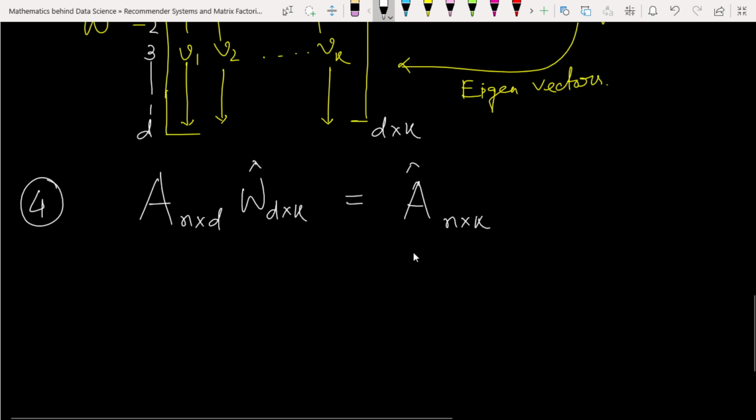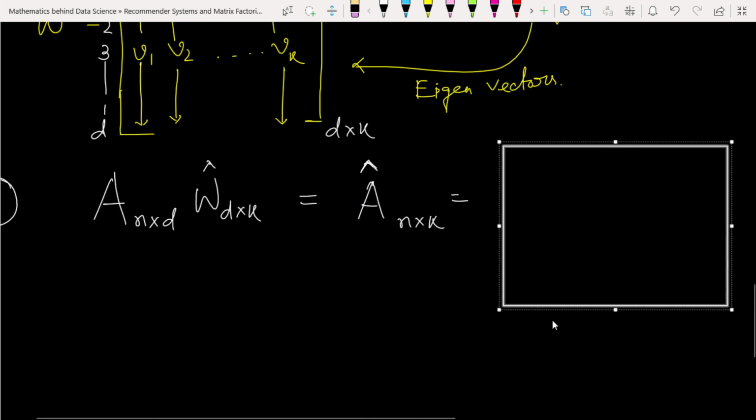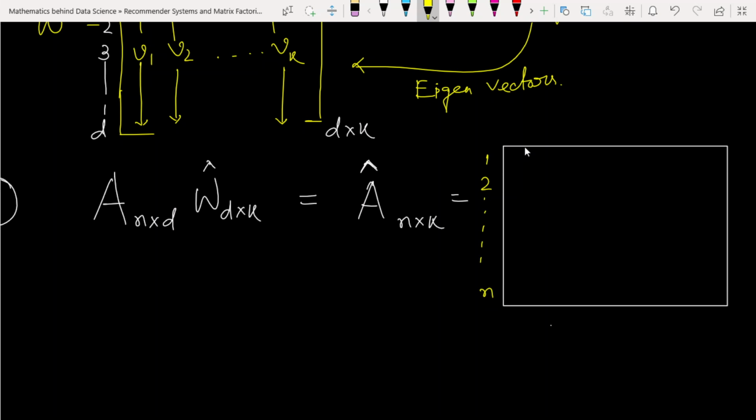This matrix is called the eigenfaces of each eigen. Let's look at what type of matrix it will look like. Something like this, since it has n rows and k columns.